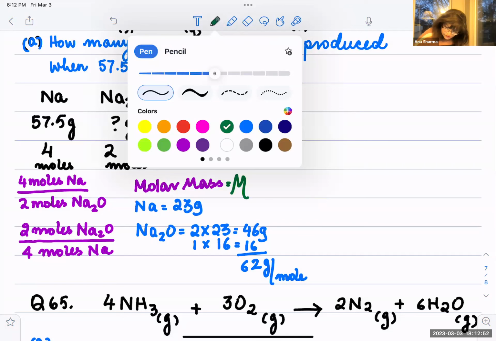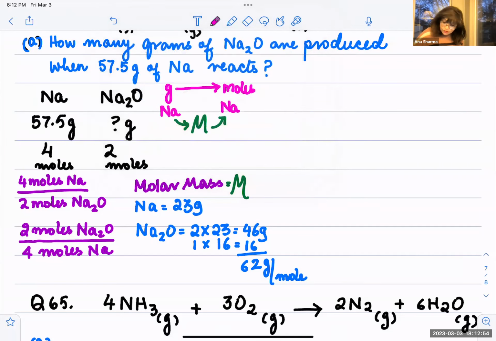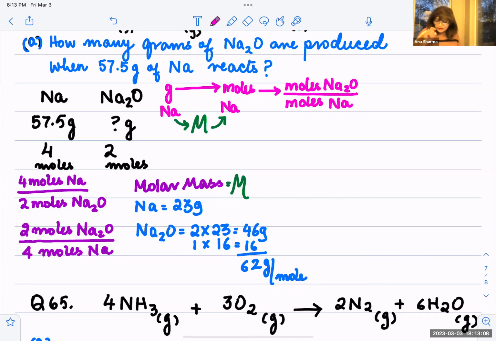Next you're going to use the mole to mole ratio. The mole to mole ratio is moles of Na2O, which you need to find, over the moles of sodium. You're going to bring this as a conversion factor from the balanced equation. This is going to give you the moles of sodium oxide. Next, you're going to convert it into the grams of Na2O.